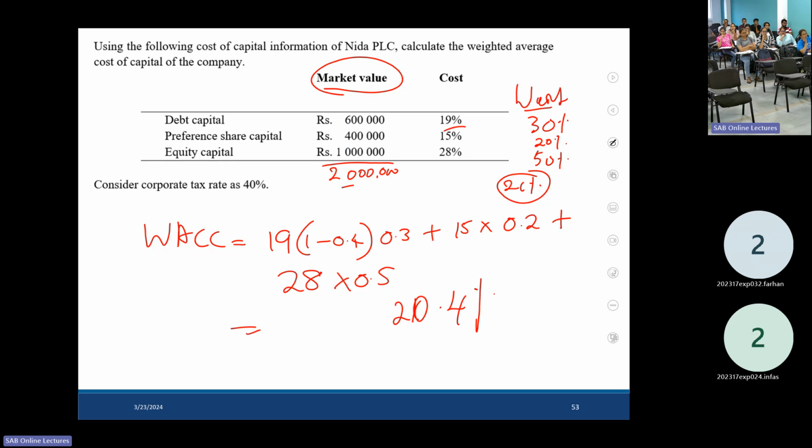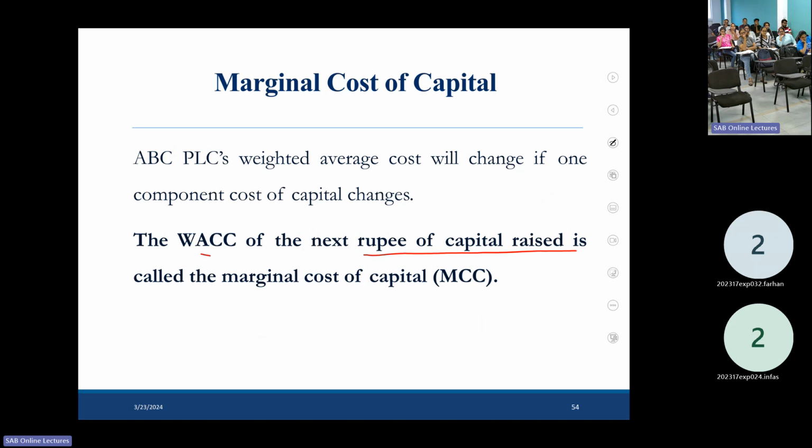So then, what is the marginal cost of capital? It is the weighted average cost of capital of raising this new additional capital. That is the marginal cost of capital. With that, you can identify the marginal cost of capital as well as the break points, and again calculate the weighted average cost of capital. Conceptually, marginal cost of capital means that if you are raising 1 rupee more, what is the relevant cost?